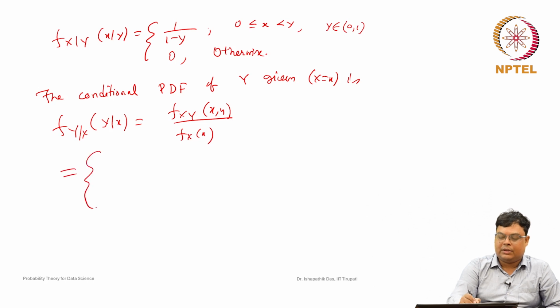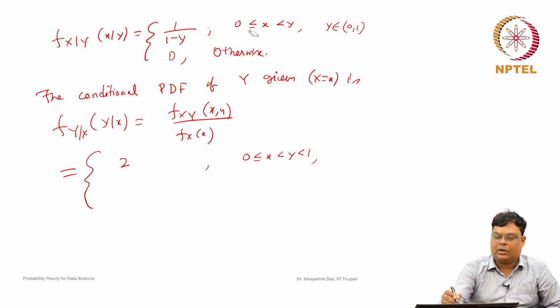This is non-zero when f x y equals 2, whenever 0 less than or equal to x less than y less than 1, by the information given in the problem.